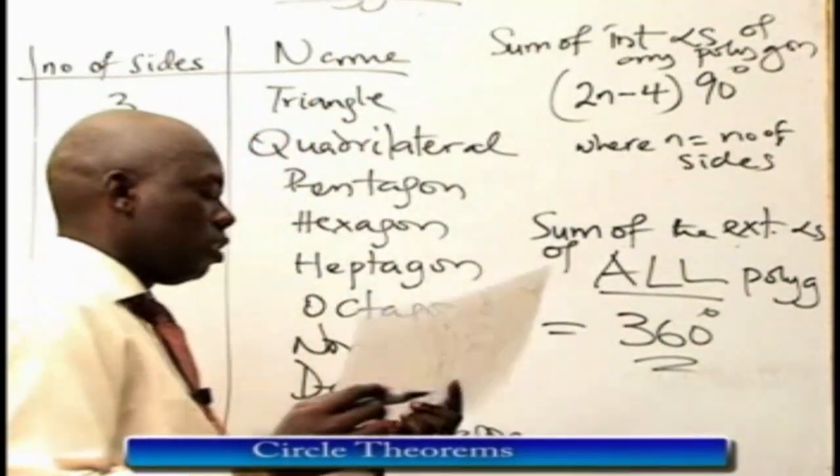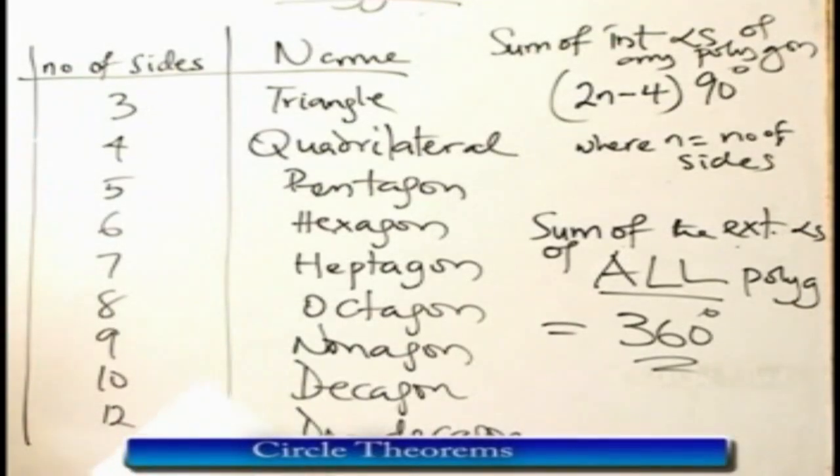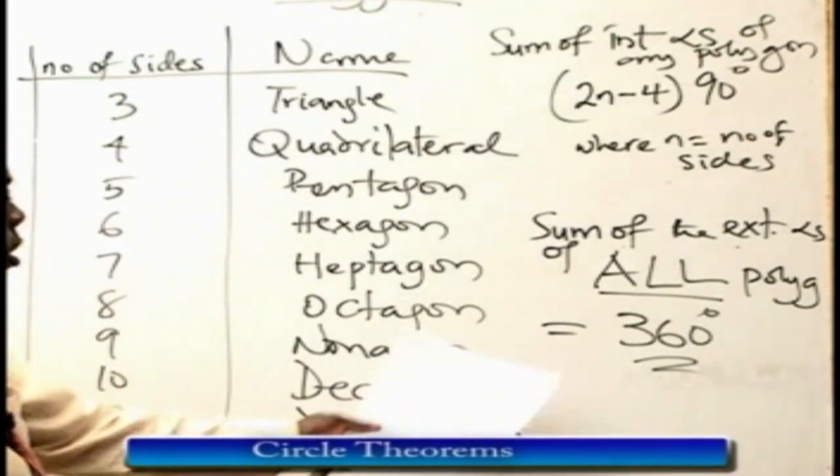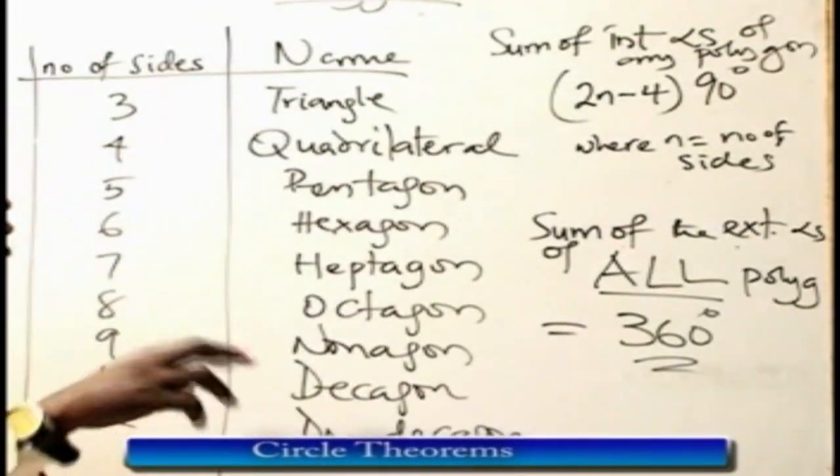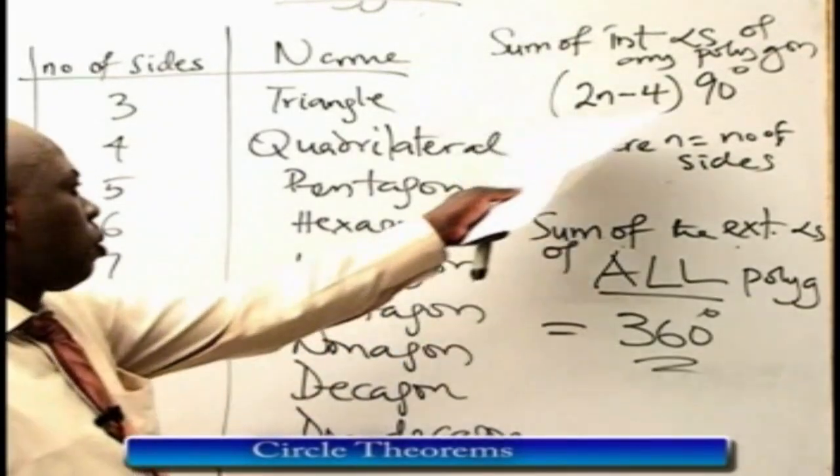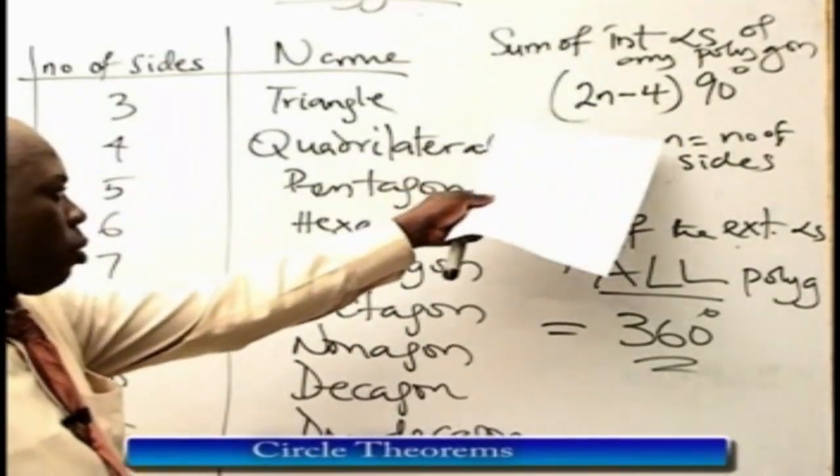Don't forget, the sum of the exterior angles of all polygons is equal to 360, but the sum of the interior angles is calculated using this particular formula.